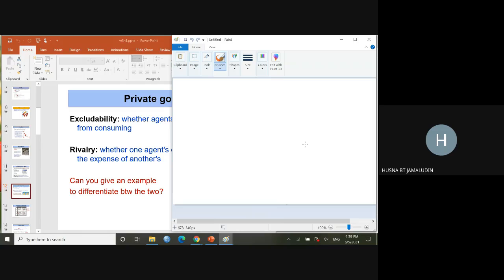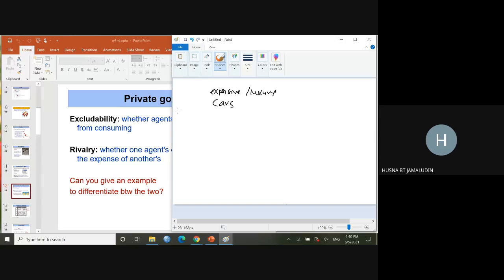Okay, so let me give you an example. The example is cars, or let me make it extreme, an expensive or luxury car. You know what an expensive car is, right? The car is so expensive that not everyone can afford to buy it. Only certain people with a certain income range can purchase this luxury car.